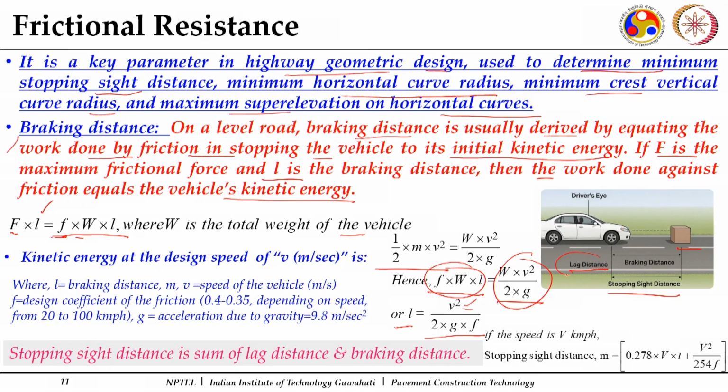This is normally the PIEV theory, that is, how much reaction time is normally required. During that time, from when I first see the object to when I apply the brakes, some amount of time elapses, and at that moment I am traveling at the same speed. That time is usually 2 to 2.5 seconds, and I will travel at the same speed. That will form my lag distance, and then I will apply the brake.